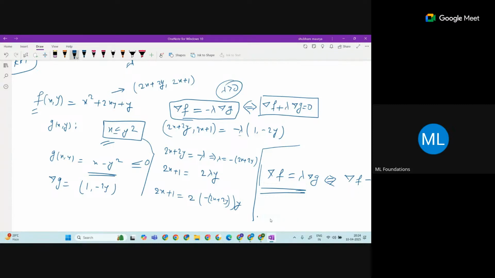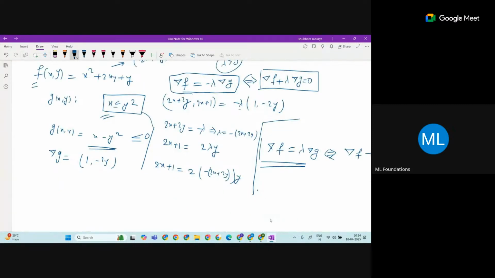I don't know if we'll reach the answer or not. So 2x plus 1 is equal to minus 4xy minus 4y square.